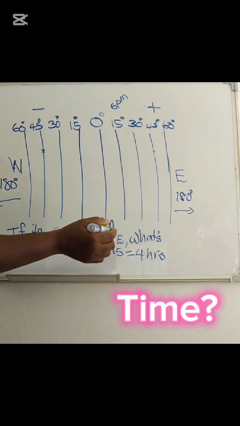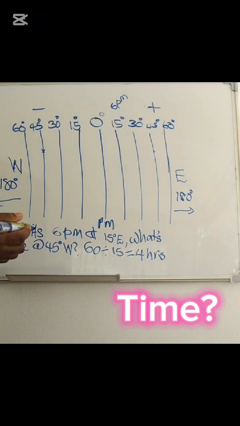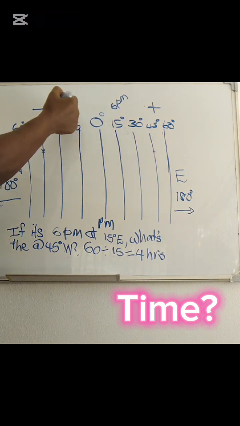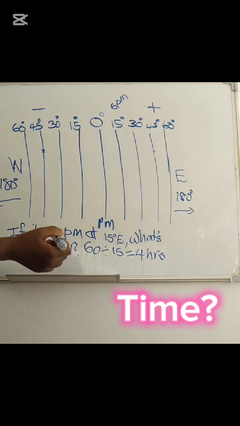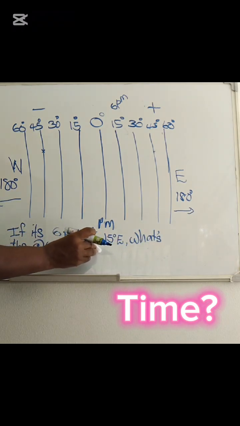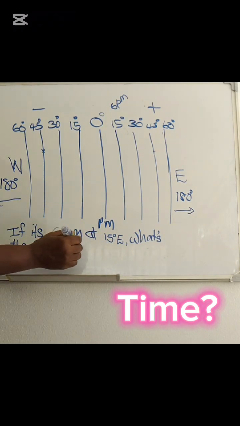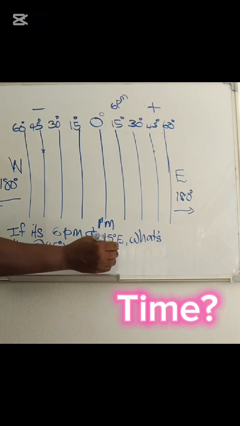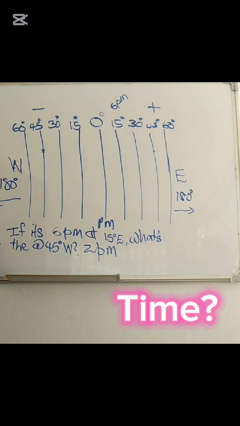What do we do with the 4 hours now? We take away from the 6 because we're going toward the west, right? Good. So that 4 hours, we take away from the 6 hours, we're left with 2 p.m. Awesome stuff, if you got that one correct. Okay?